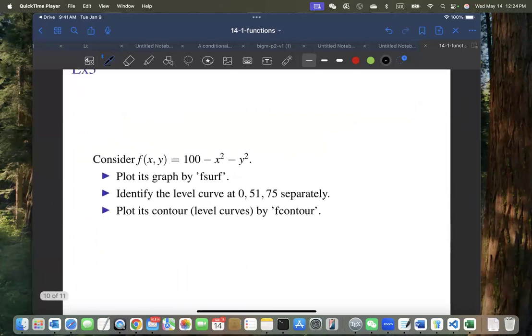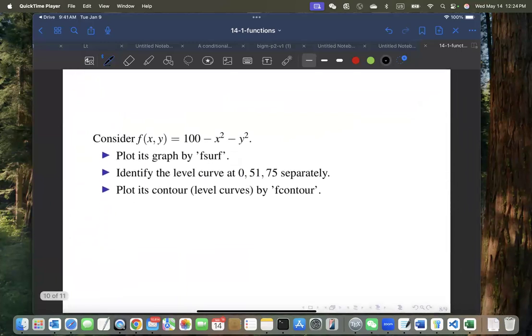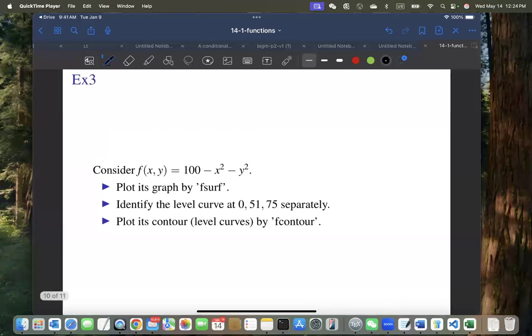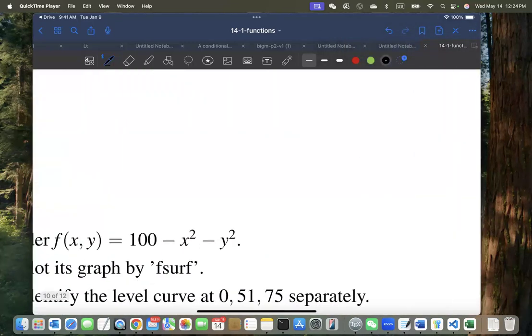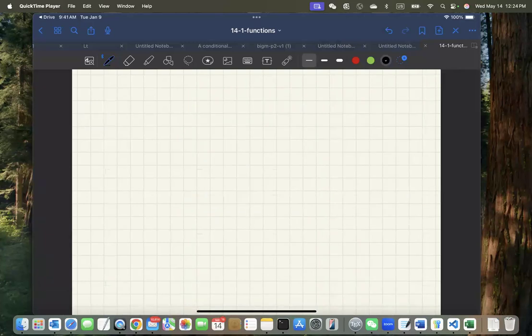So we look at this example. It's about the level curve and graph. The question involves MATLAB.